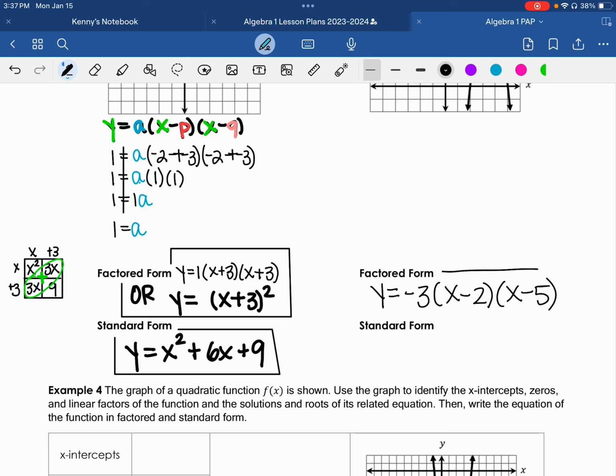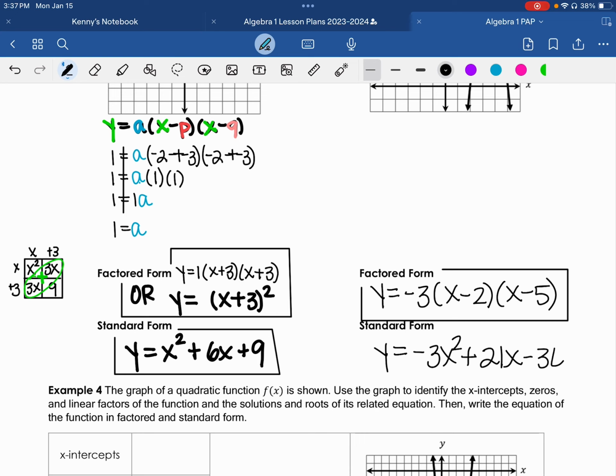There's your factored form. And for your standard form, when you multiply it out, it should look like this. If you have any questions, please make sure that you either ask me or ask someone in your group.